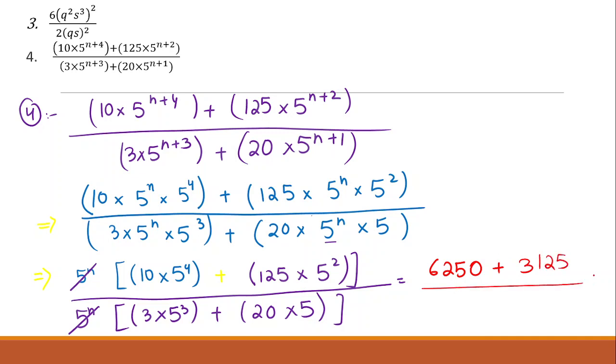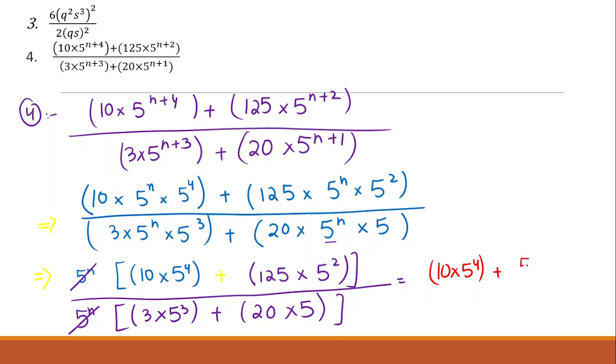Divided by, you can do one more thing, okay? If you see, you can simplify it like this: 10 multiplied by 5 to the power 4 plus, if you see, 125 is 5 to the power cube, right?